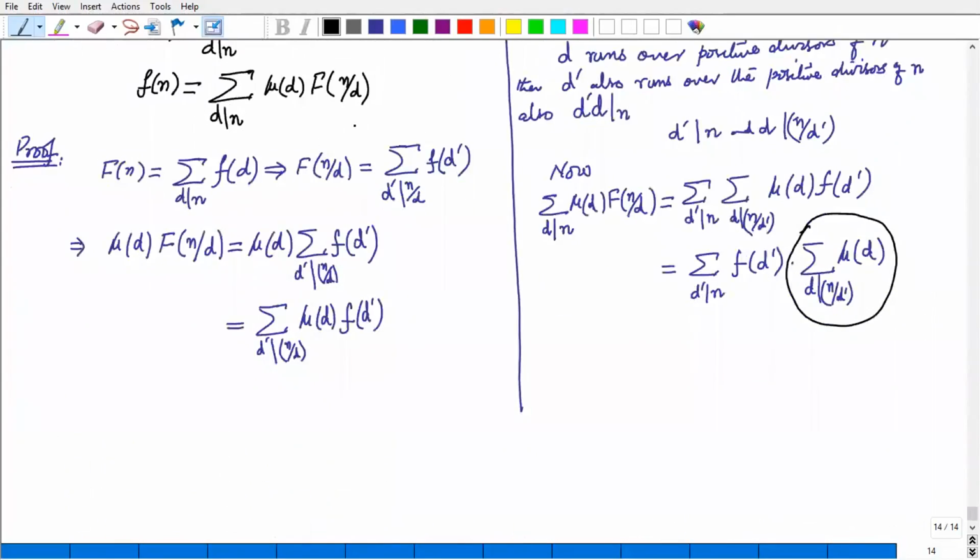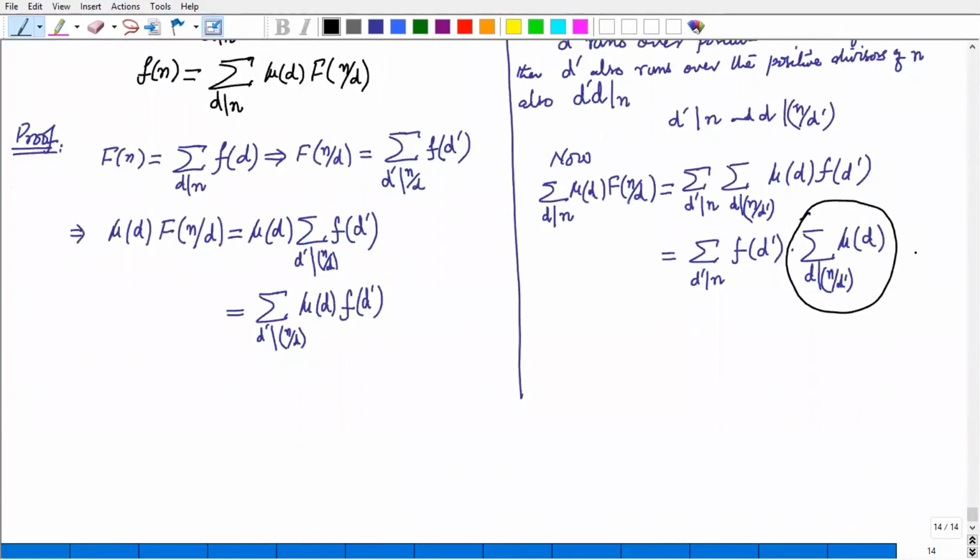So consider the case where this sum is equal to 1. In that case this value n by d prime must be equal to 1.